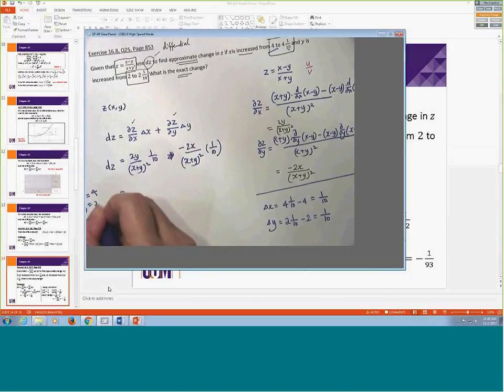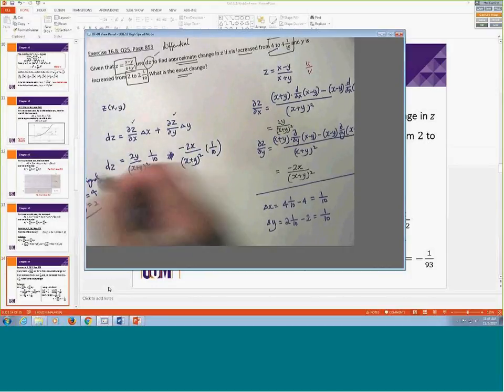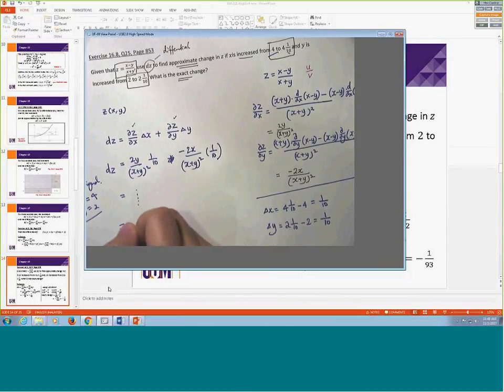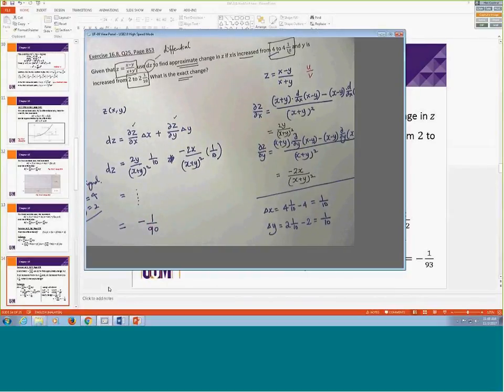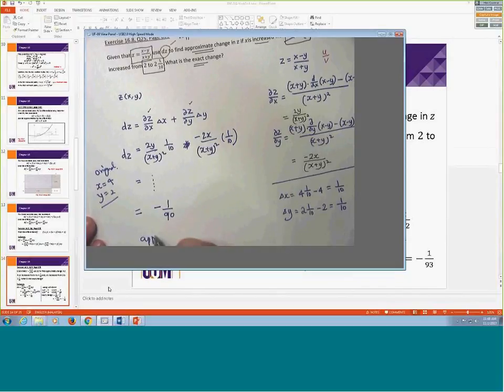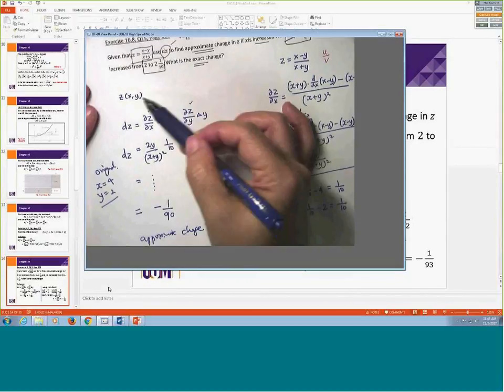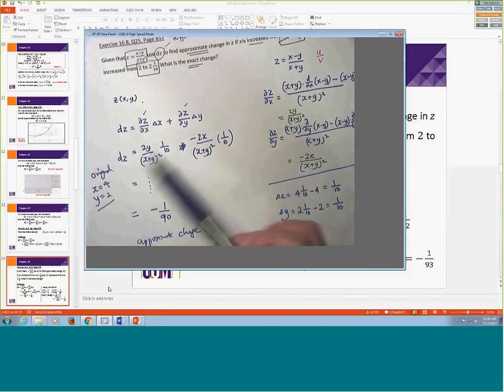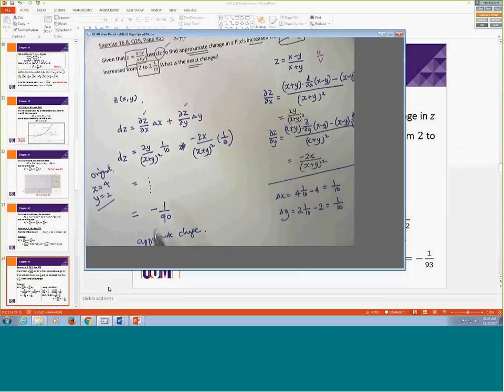So when you substitute this value, you should be able to get the answer negative 1 over 90. So this is the approximate change. You have the function, you know the original x and y, you know the increment, then you can approximate what is the change for z.